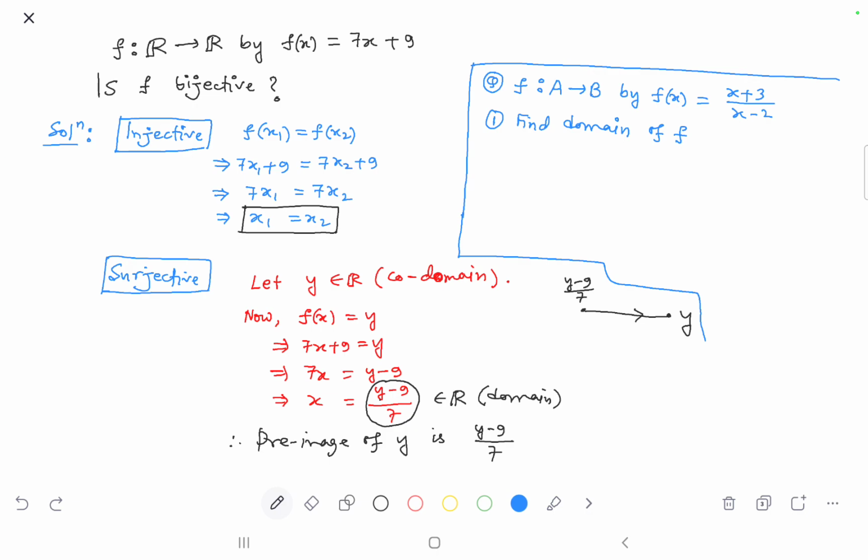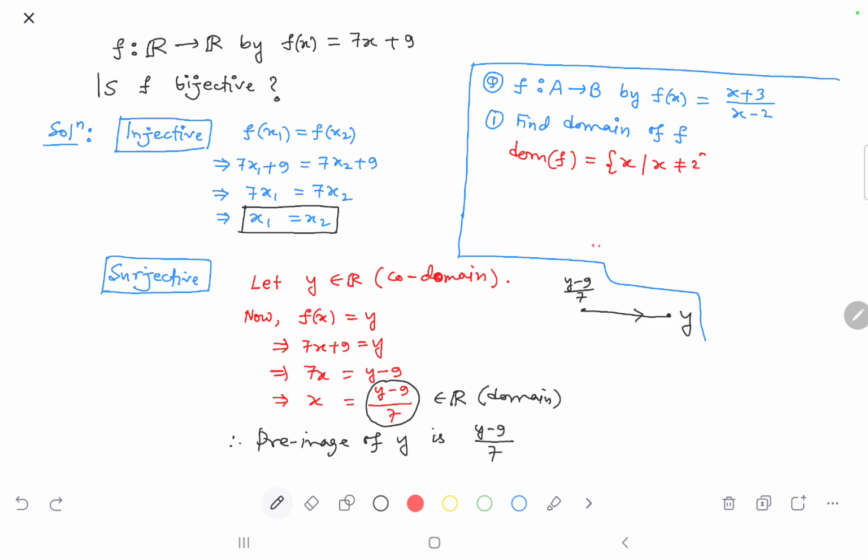Only 2. So what is the domain? The domain of f is all real numbers x except 2.